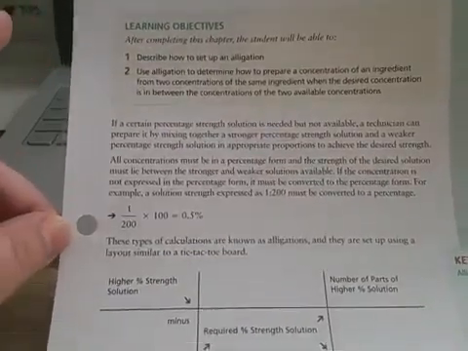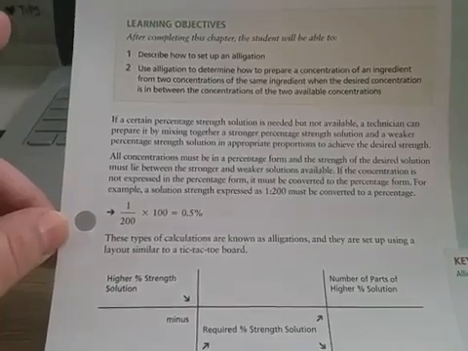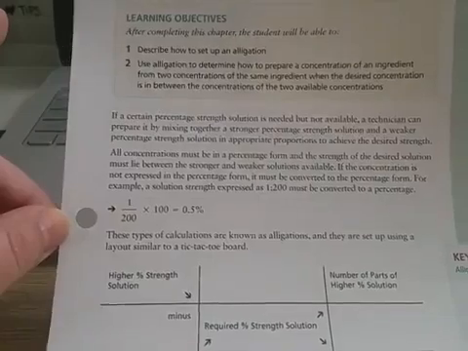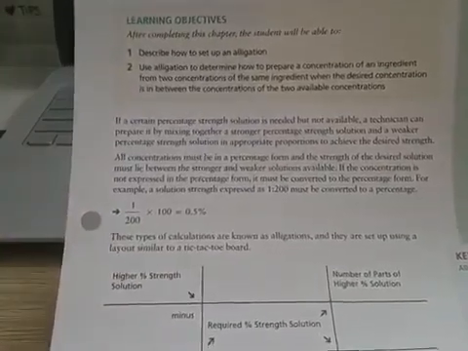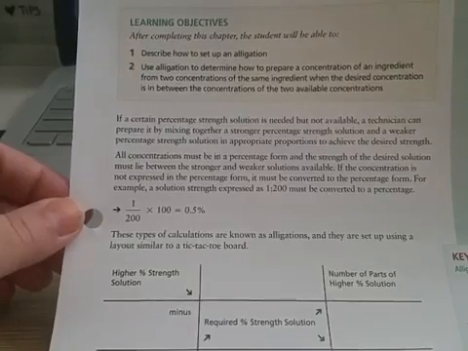If a certain percentage strength solution is needed but not available, a technician can prepare it by mixing together a stronger percentage strength solution and a weaker percentage strength solution in appropriate proportions to achieve the desired strength.